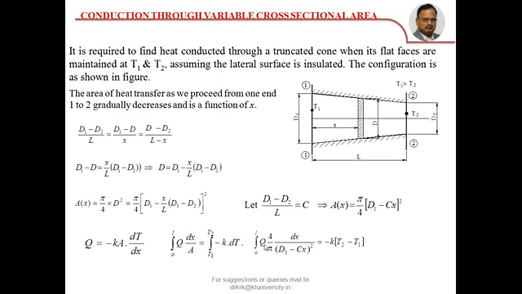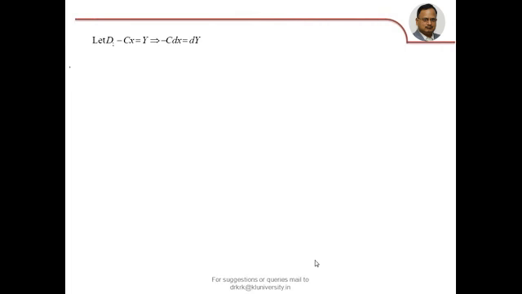Now we have to integrate this term. Q is constant throughout the length, 4 by pi is constant, d1 is constant, x and dx are related here. Now to simplify and do the integration in an easy manner, let d1 minus Cx be y. Differentiate it: d1 constant is 0, minus C dx equal to dy. Now when you change d1 minus Cx to y, you have to consider the limits also.